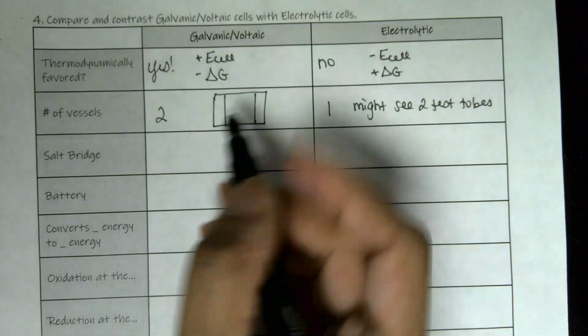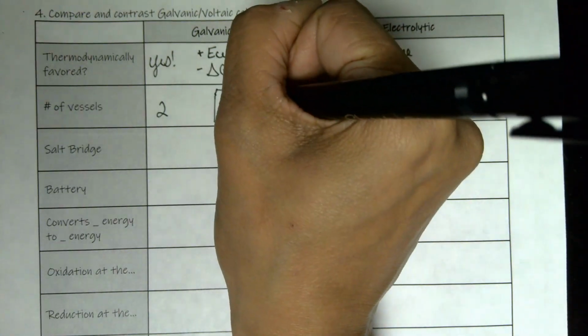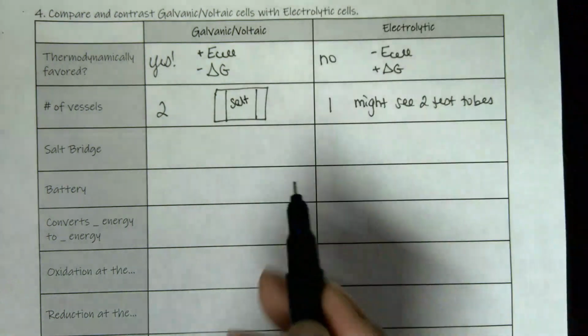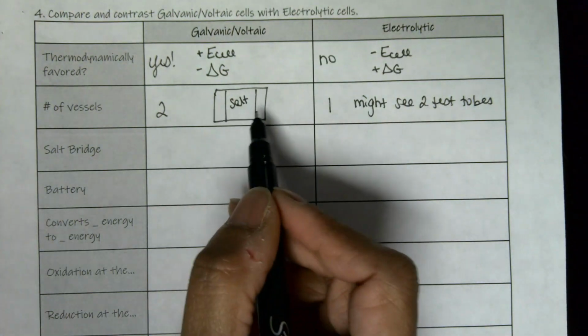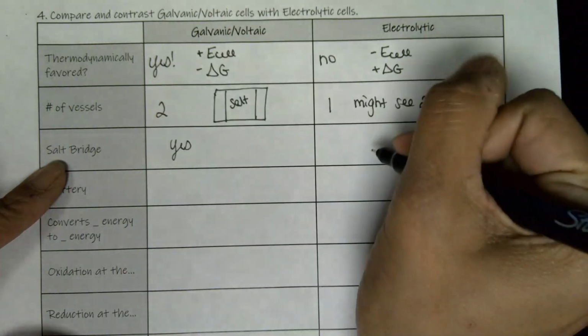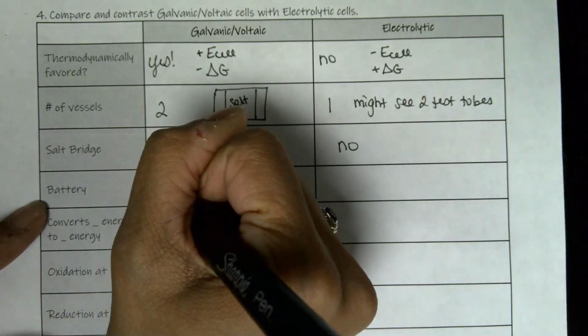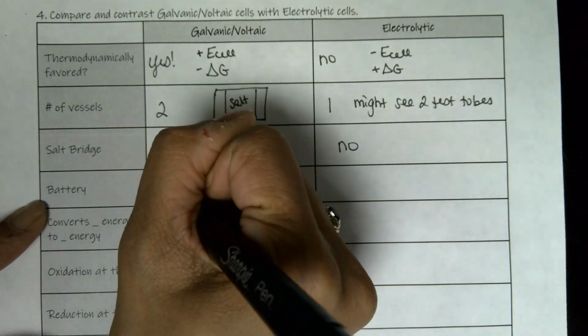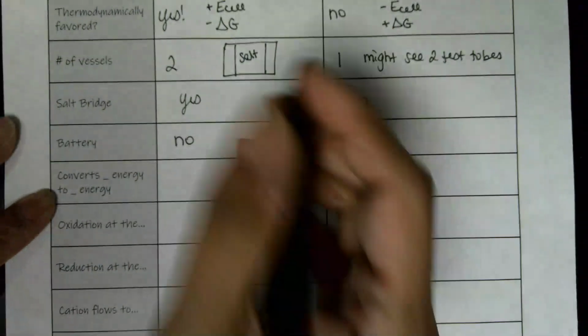So this was one essentially like part of the electrode. This was another one, and this was a salt solution. So yeah, even though this is not 2 vessels, there's 2 separate parts of this. So the galvanic or voltaic cell does require a salt bridge versus the electrolytic does not. The galvanic or voltaic cell does not need a battery, but the electrolytic does.